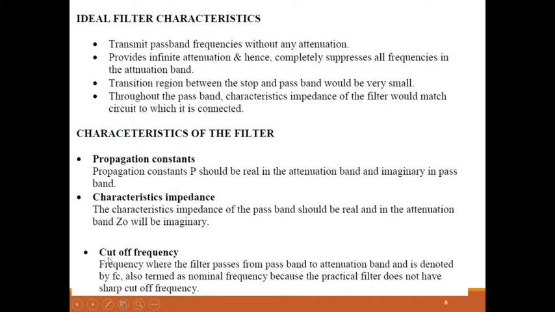Then the cutoff frequency is the frequency where the filter passes from the pass band to the attenuation band, denoted as Fc, also termed the nominal frequency, because a practical filter does not have a sharp cutoff frequency.